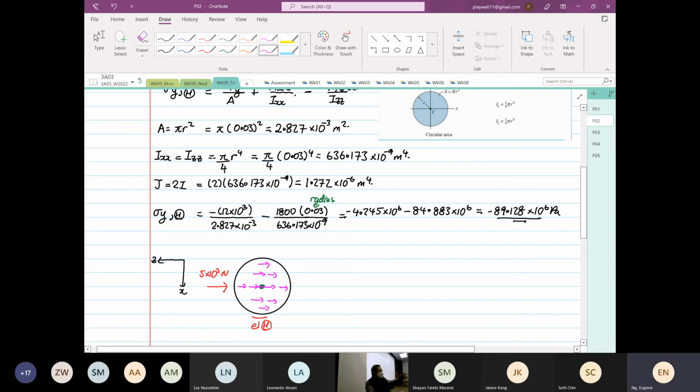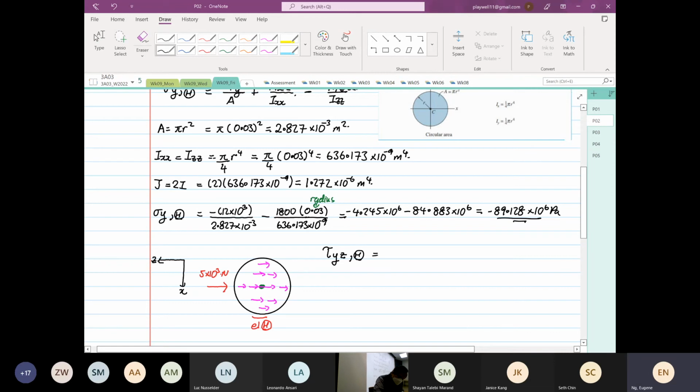Okay, so the shear flow is going from left to right. So we are going to calculate our shear flow, and our shear stress. The plane intersecting axis is Y, right? And the direction of the shear stress is going down in Z. Okay, so we are going to look at element H.